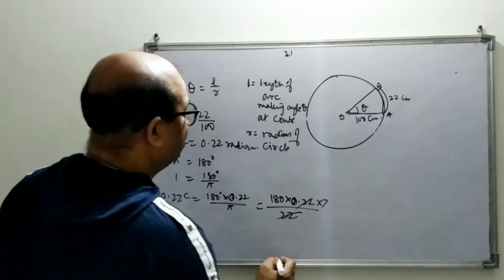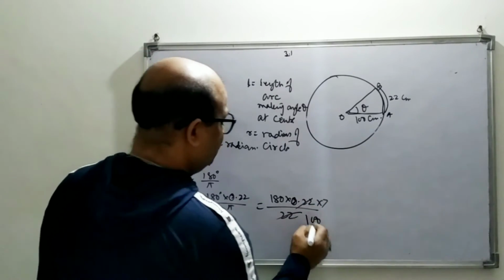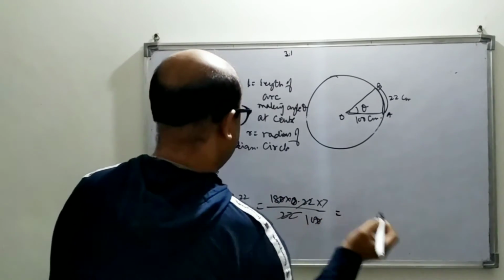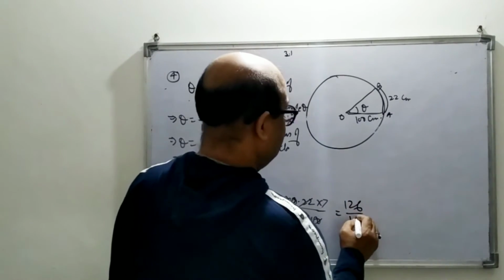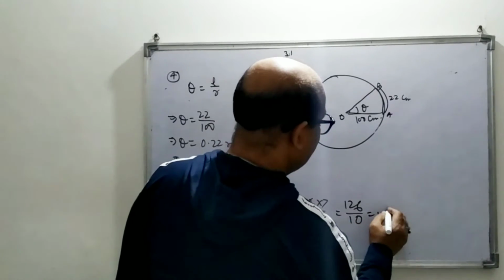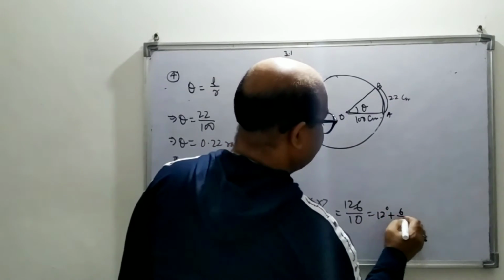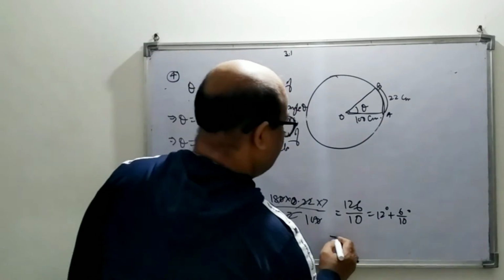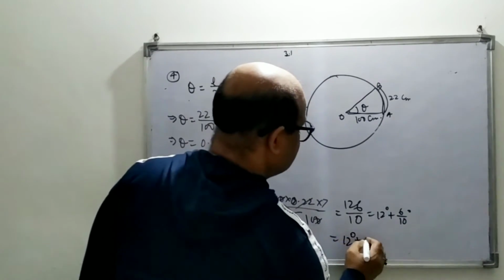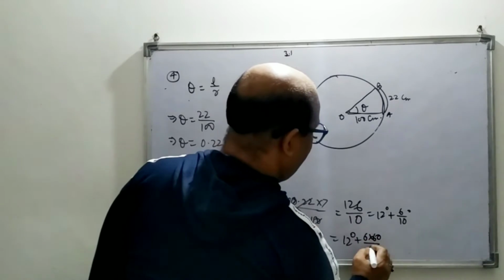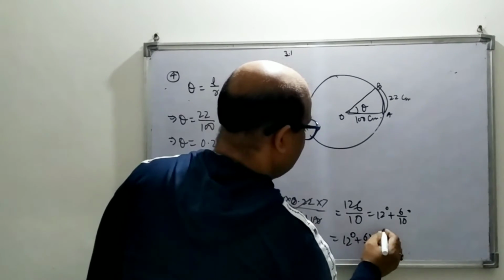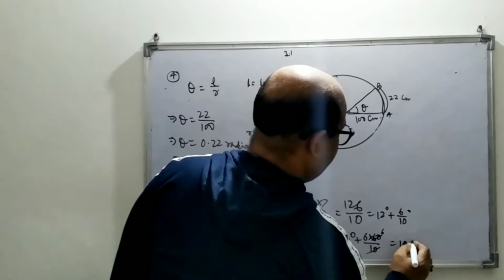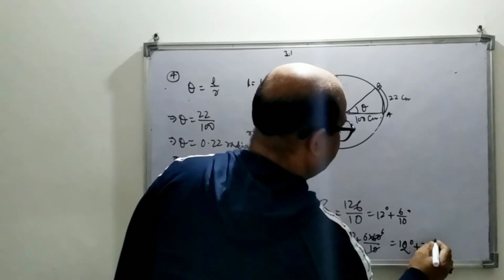So this gives you 126 upon 10, which means 12 degree plus 6 by 10 degree. Convert this degree into minute again. So 12 degree plus 6 into 60 upon 10 minute. That is 12 degree plus 36 minutes.